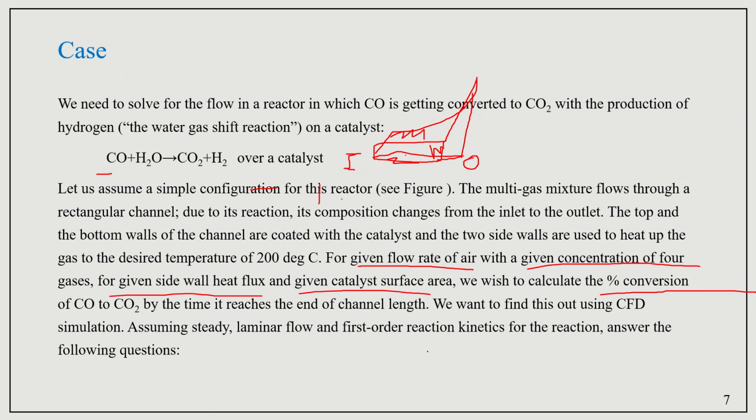So from inlet to outlet, if we know the flow rate of air and concentration of four gases for given side wall heat flux, because we are heating it to 200 degrees Celsius, and catalyst surface area is given, it is desired to find the conversion percentage of carbon monoxide getting converted to carbon dioxide by the time it reaches the outlet. So we want to find this out using CFD simulations. So this is the concept. Now we will go and see the questions coming out of this problem.